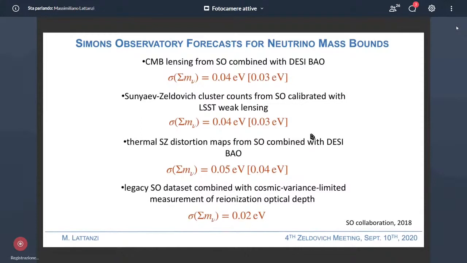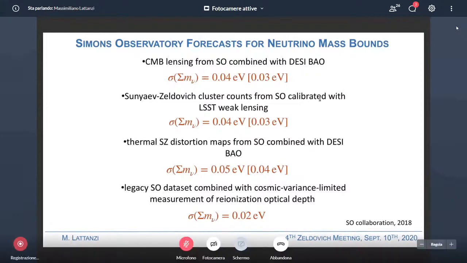It's called a 3.5 generation experiment for CMB. We are just coming out from third generation experiments, and SIMONS is kind of a bridge between third and fourth generation experiments. You can see the kind of numbers that we can get from different combinations of SIMONS Observatory measurements with measurements of large-scale structures.